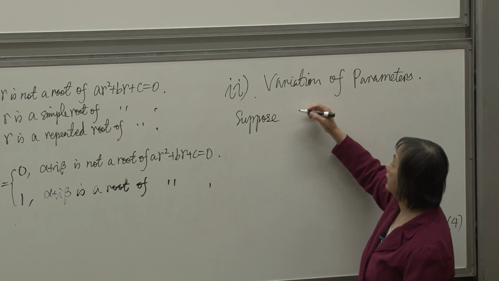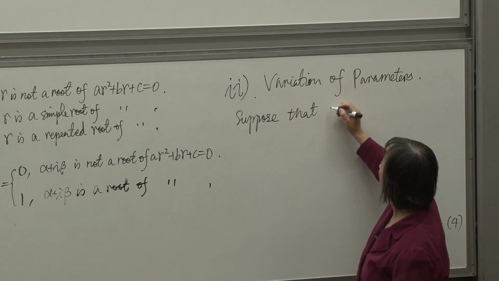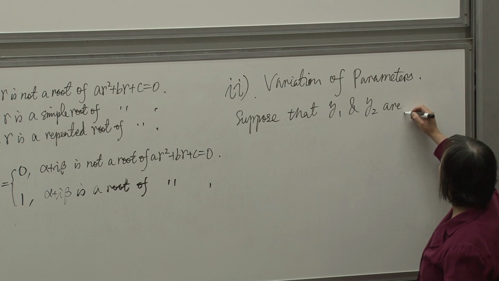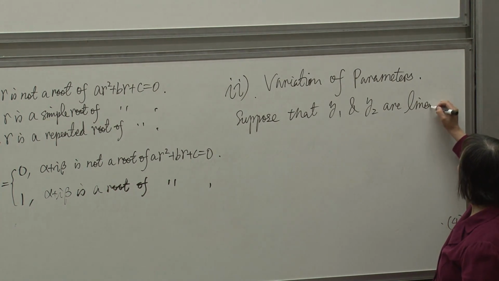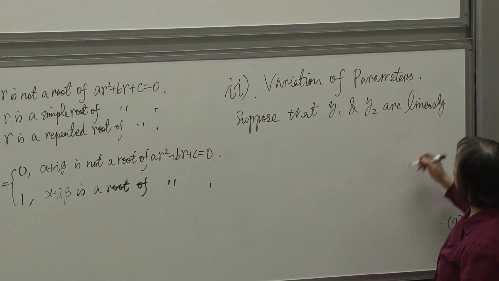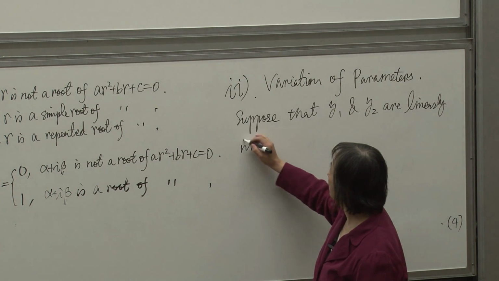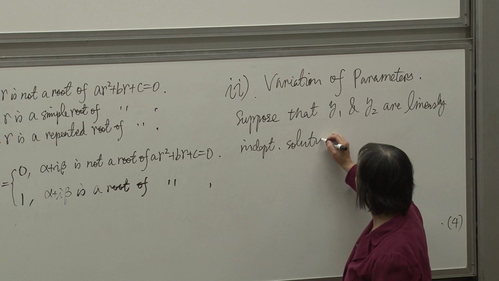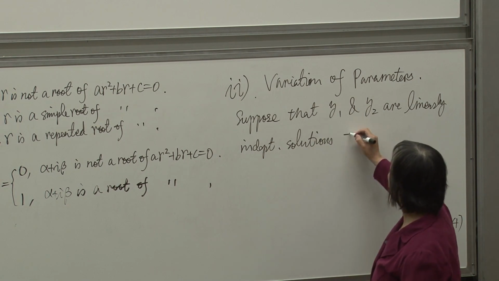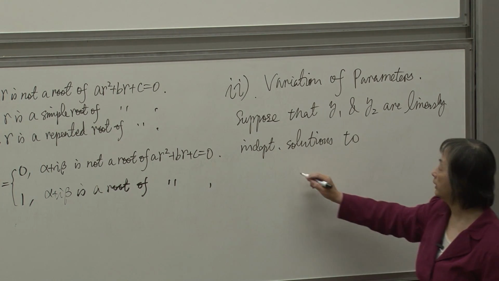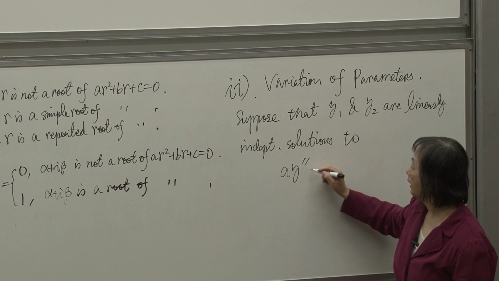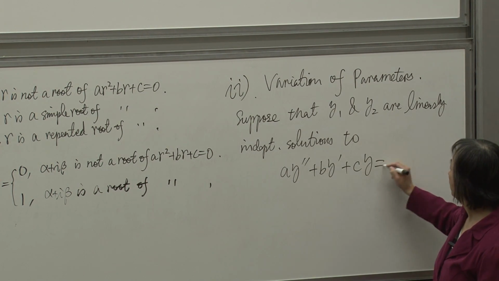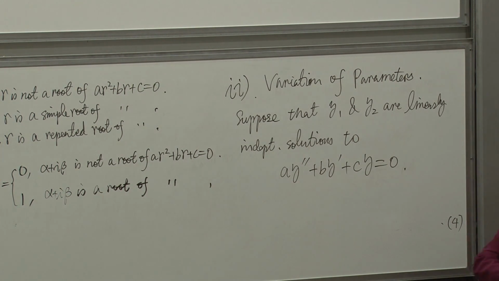So suppose that y1 and y2 are linearly independent solutions to the corresponding homogeneous equation a y double prime plus b y prime plus c y equal to 0.